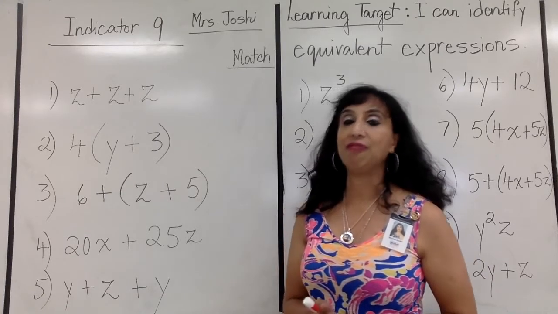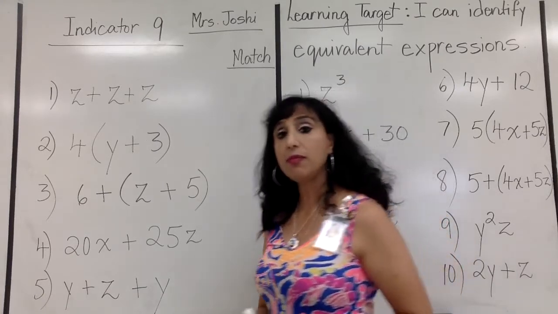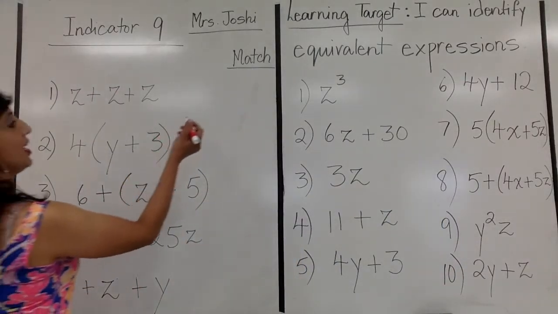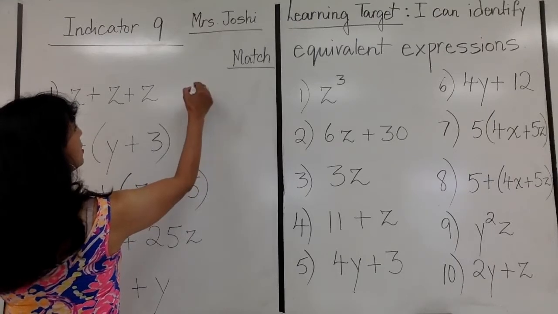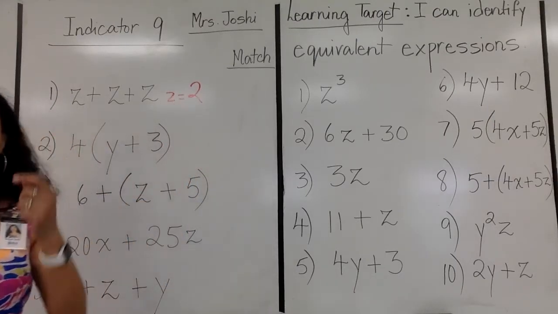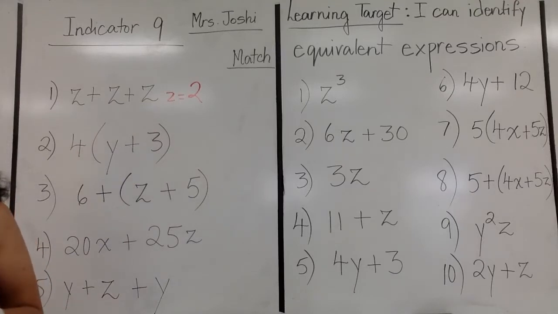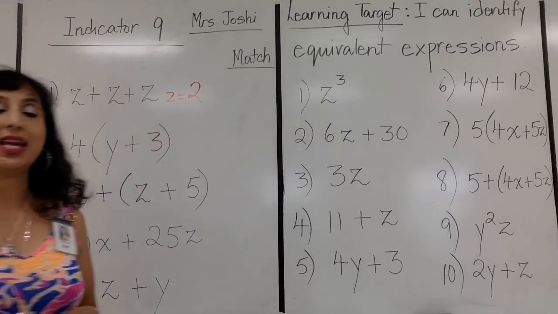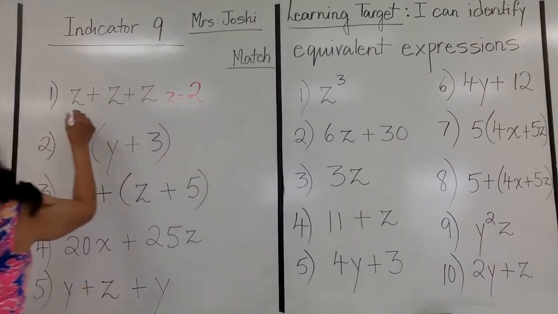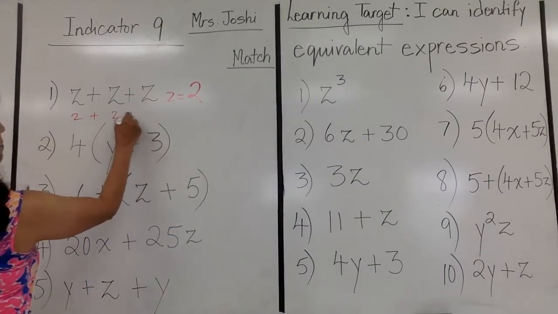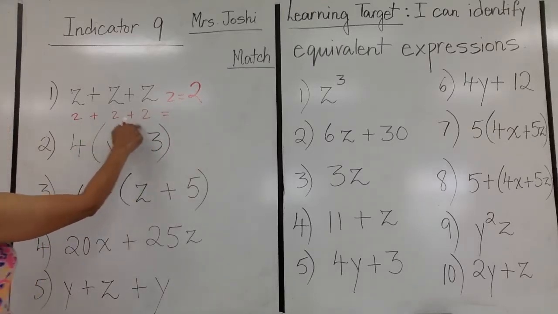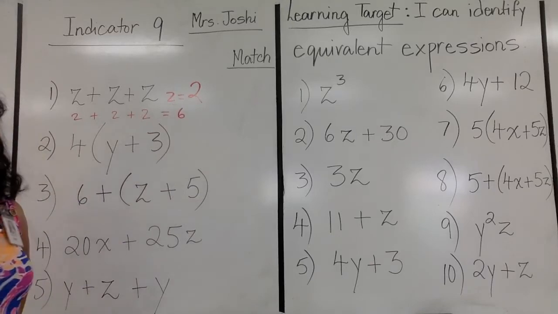Let's say I give a value to z, and I say z is, let's say it is 2. I'm just giving you an idea as to why it's good to put a variable so that you know you're not making any mistakes. So if z is 2, then 2 plus 2 plus 2: 2 plus 2 is 4, 4 plus 2 is 6.